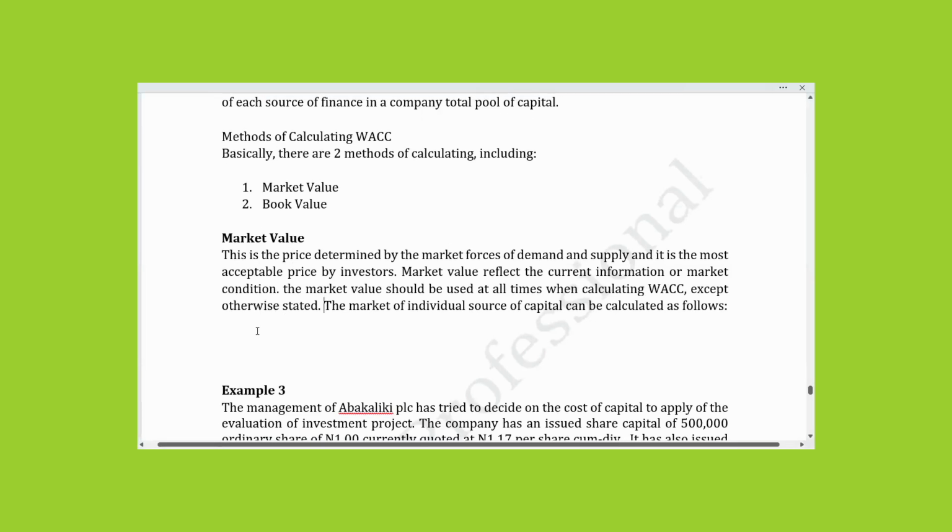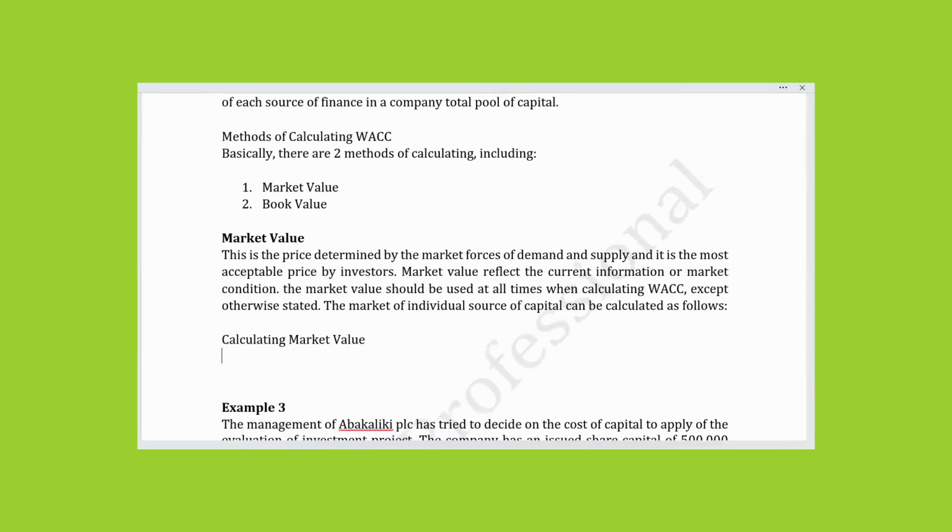All right. So how do you then calculate the market value? So you then say calculating market value. The market value that you are going to use to do the weighting, this is how you are going to calculate it. The first one is equity. You want to calculate the market value of equity.